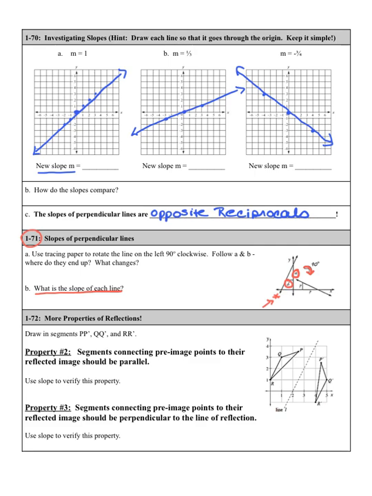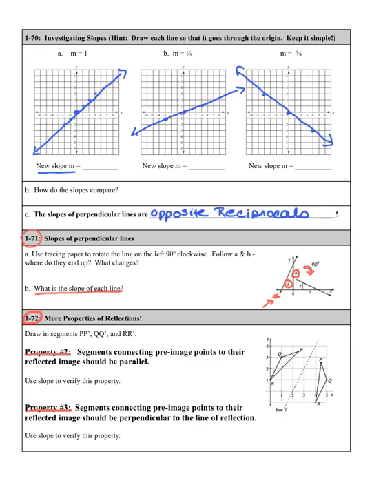And then for problem 1-72, all right, now what you're doing is you're using slope to verify these other 2 properties. Remember at the beginning I said there were 3 properties of reflections that we were going to verify using parallel and perpendicular lines. Here's property 2 and here's property 3, and I'll briefly explain what those mean. Property 2 says that segments connecting pre-image points to their reflected image should be parallel.